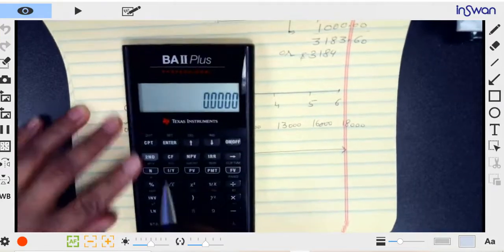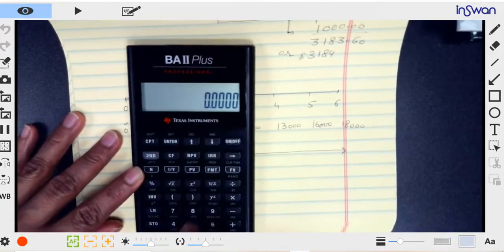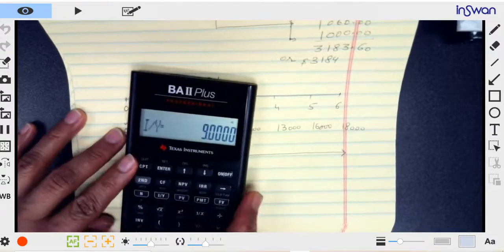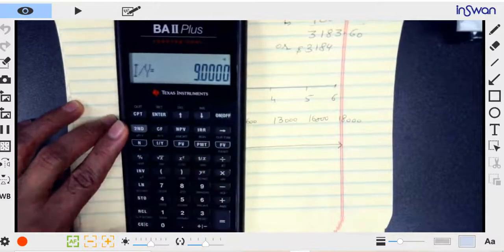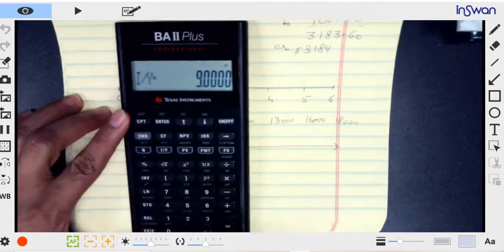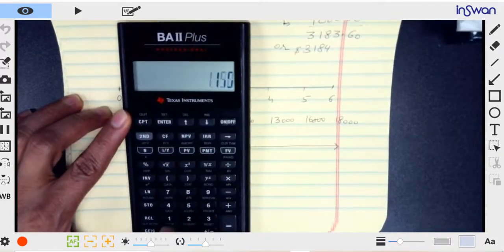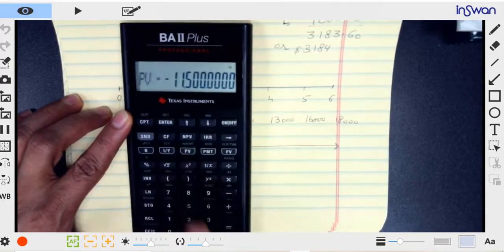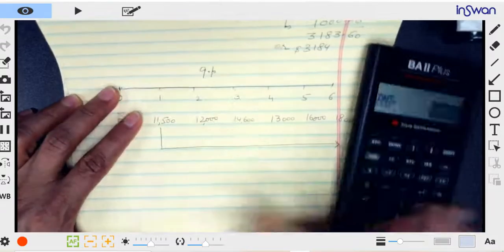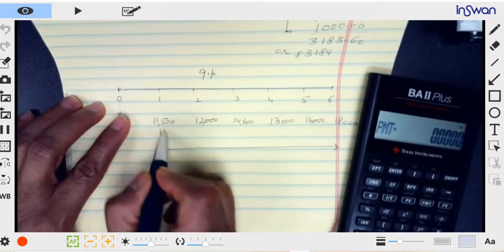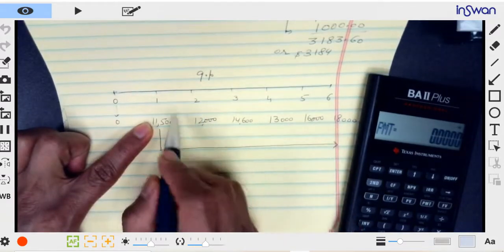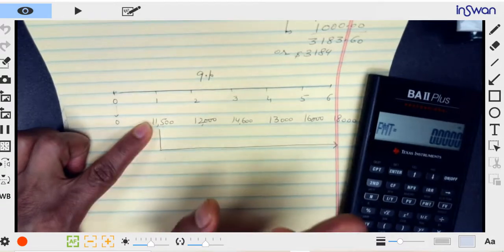Let's plug the values one by one. N, 5 years, interest rate 9%. Present value is 11,500. Zero would be payment, because no recurring payments are there, because I'm trying to just get the future value of this number. Right now, just forget about all these cash flows, because we are considering each cash flow as a separate thing.